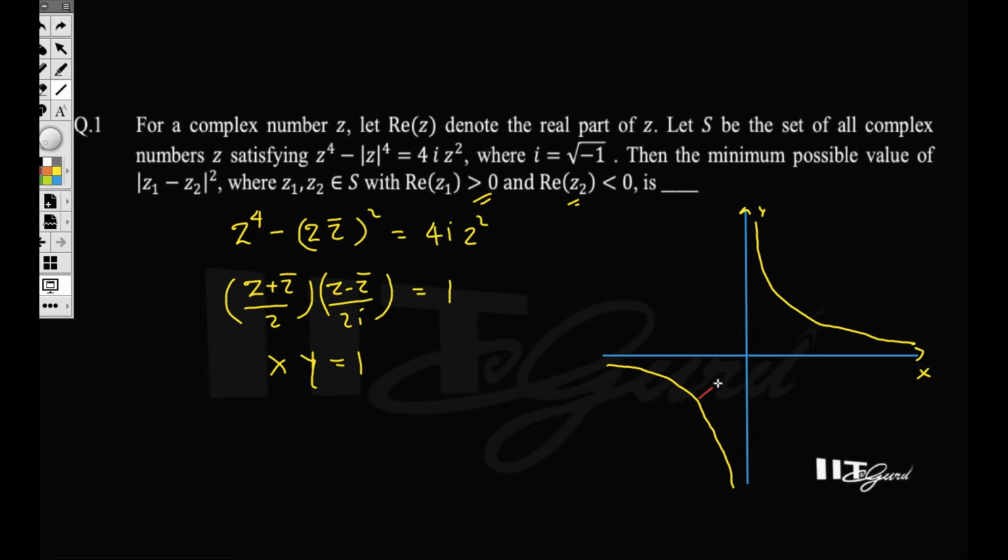The possible minimum distance is this much, so this distance you have to consider. So what will the distance be over here? These are the vertices: this will be 1 comma 1 and this is minus 1 comma minus 1. So as per this, the conditions also are satisfied here.